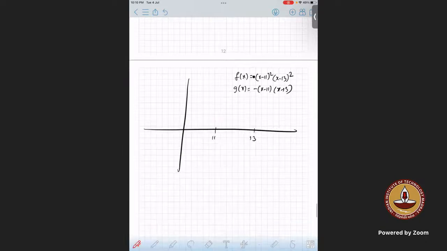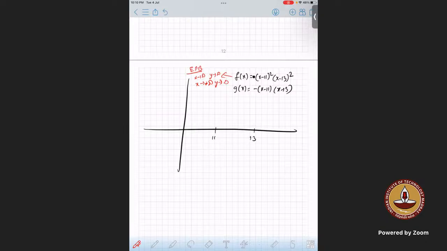Look, endpoint behavior: as x tends to infinity, y tends to infinity; as x tends to minus infinity, y tends to infinity.